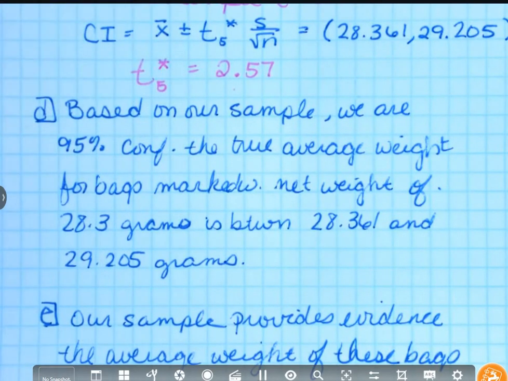And then it said, comment on the company stated net weight of 28.3 grams. What would you say? No. Okay, that's a word, not much of a comment, but somebody want to give me something? More than no? So your answer to that is no? Yes?